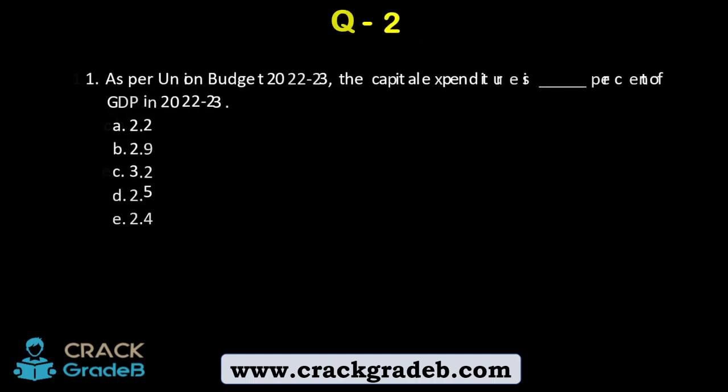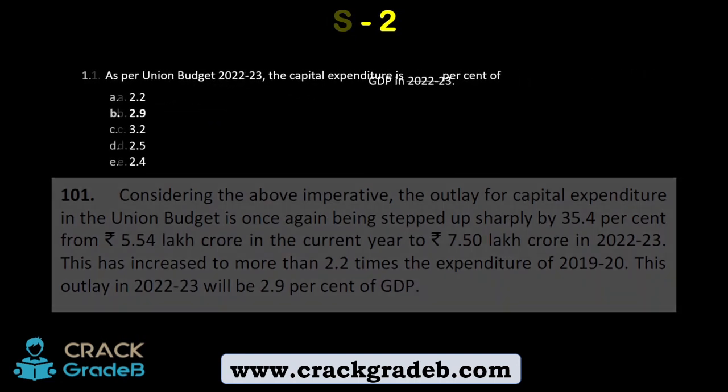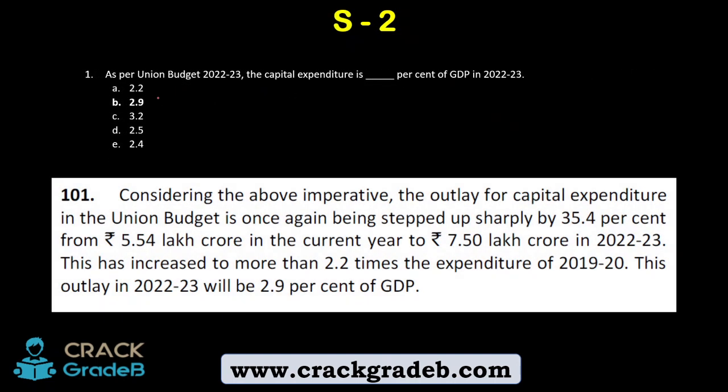Let's move to question number two. As per the budget, the capital expenditure is dash percentage of GDP in 2022-23. The answer is 2.9% of the GDP. Now, what is capital expenditure?